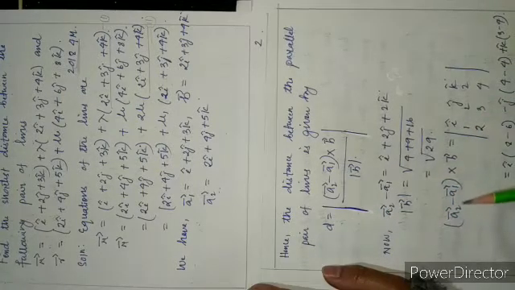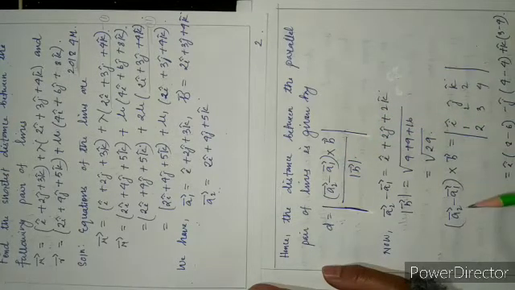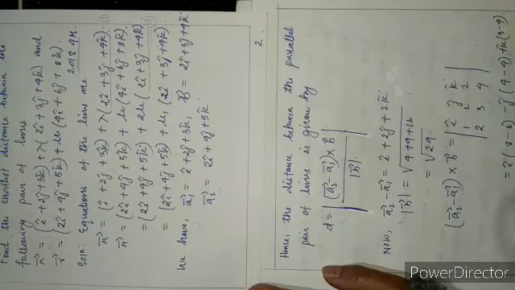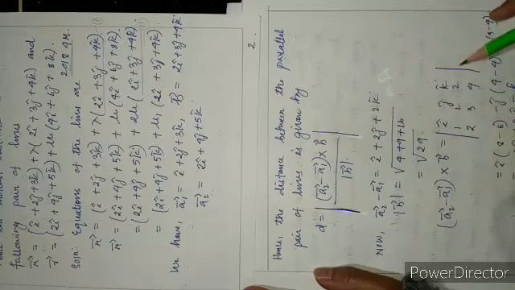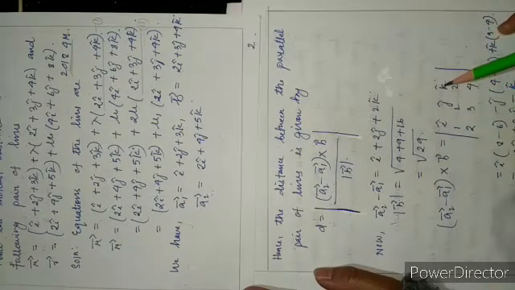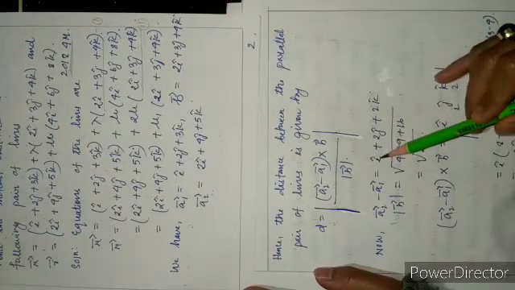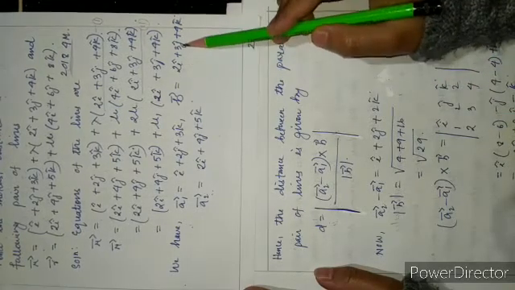Then find the cross product of a2 minus a1 and b. The cross product of any two vectors in terms of their components is given by the expansion of the determinant whose first row elements are i cap, j cap, k cap. Then write the components of a2 minus a1: 1, 2, 2. Then write the components of b: 2, 3 and 4.